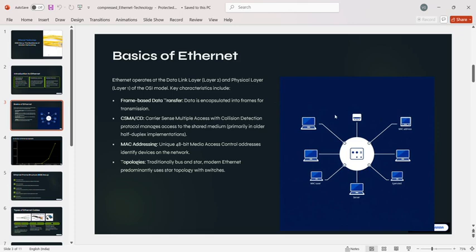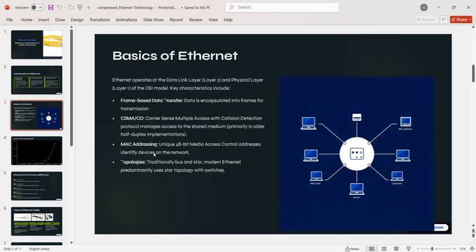For example, if two devices are sending data to each other at the same time, a collision happens, right? In order to avoid that, we use the protocol CSMA/CD. This is in traditional Ethernet only. Currently we use switches. The switches are connected with the devices, so there is no way for a collision to happen.